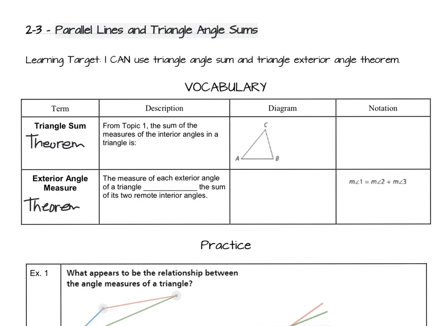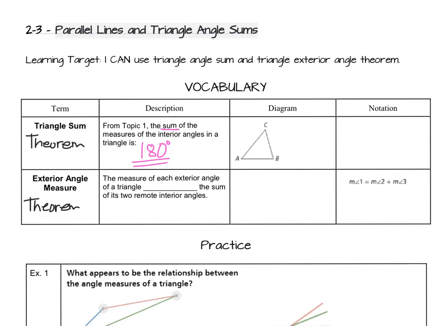From Topic 1, we recall the sum of the measures of the interior angles in a triangle is 180 degrees. And we've already worked with that in this topic. Now for the picture on the right, we just have a triangle with capital letters A, B, and C to recognize the three angles in that triangle.